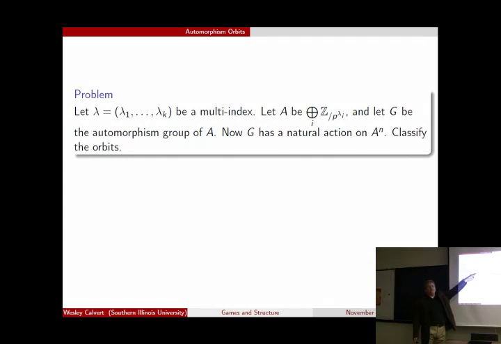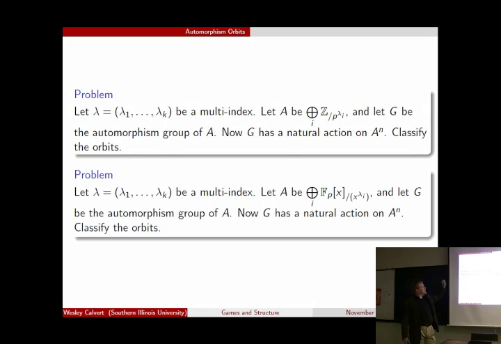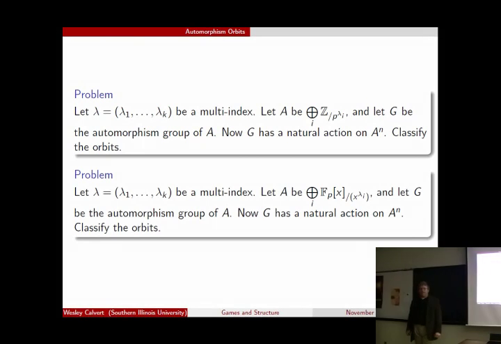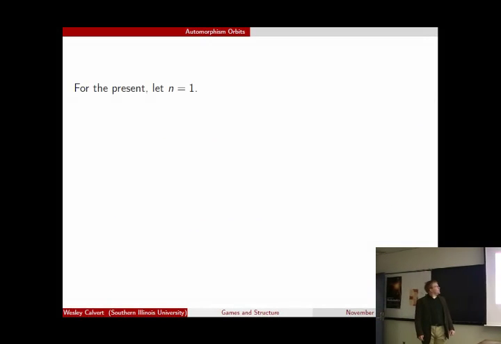One is take this finite Abelian group and classify the orbits of the automorphism group with it. Second case, take this field and classify the orbits of the automorphism group of it. And we got to working on it.